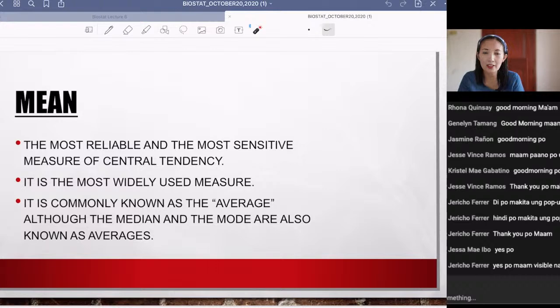Why most sensitive? Because it could be easily affected by high and low scores, since when we compute the mean, all scores are considered. It is commonly known as the average, although the median and the mode are also known as averages.